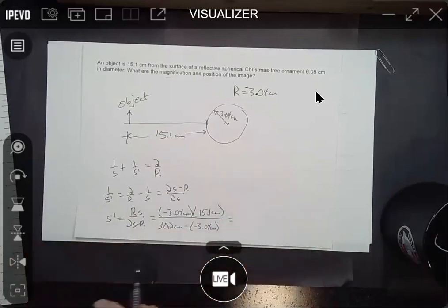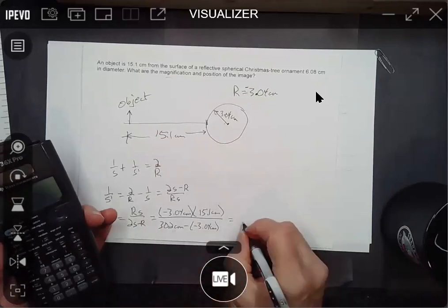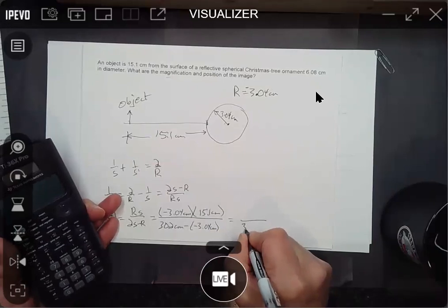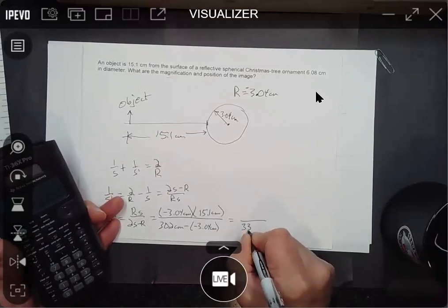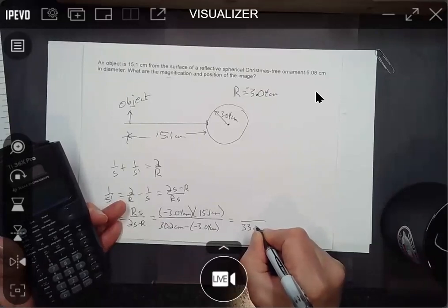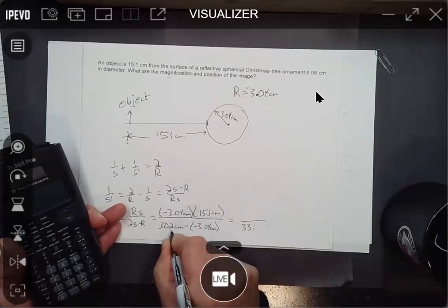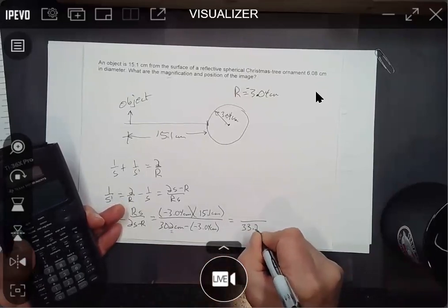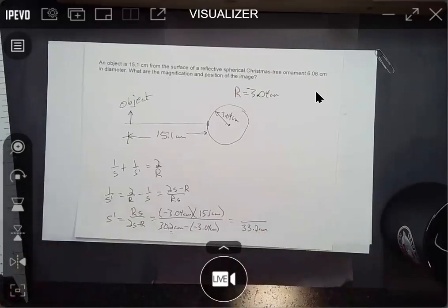Minus a minus is a plus. So on the bottom, I'm going to have 33.2 centimeters, keeping 3 sig figs down to the nearest tenths place.